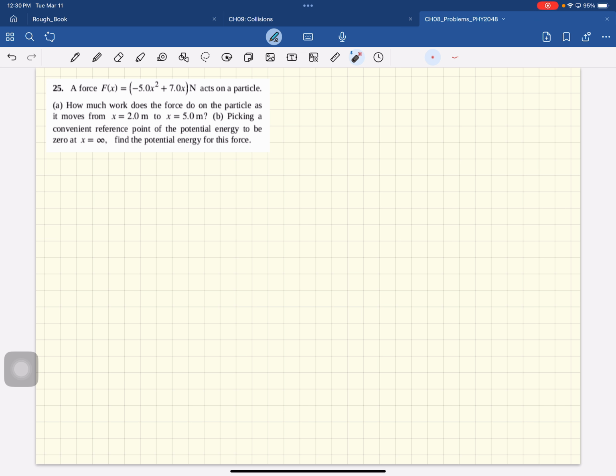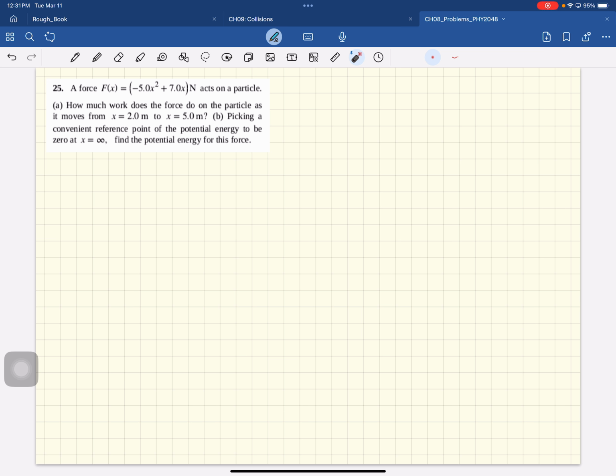All right, this problem says a force F_x equal to minus 5x squared plus 7x acts on a particle. Now, here's something you need to be aware of. Force has units of newtons. X is a distance, that's in meters. So what are the units of this?